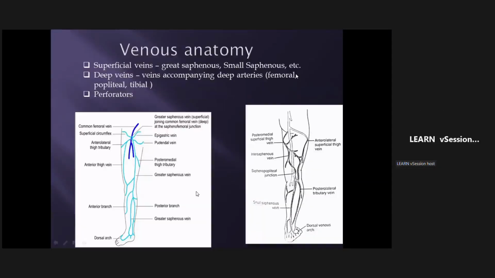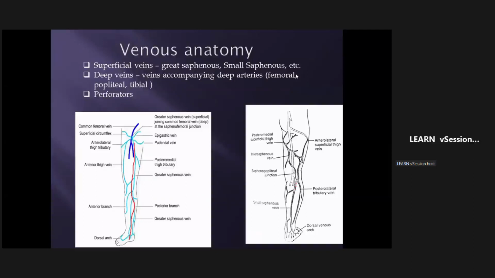Also know the anatomy. Superficial veins and deep veins are the two main systems. In the superficial system, know the long saphenous vein and the short saphenous vein; those are two things you have to describe in your descriptions.